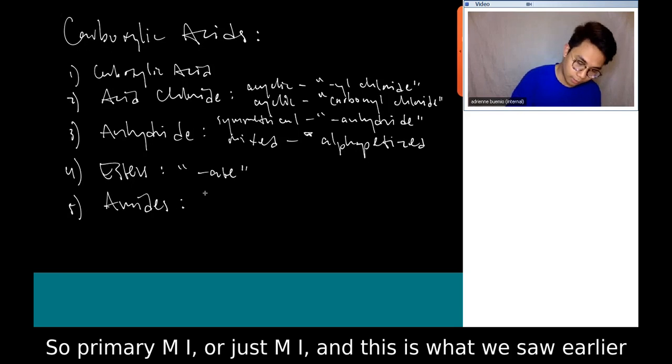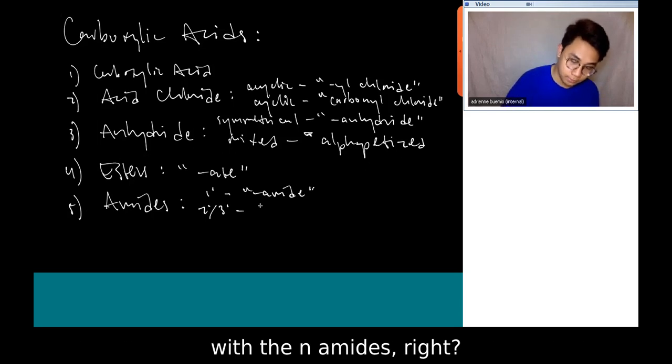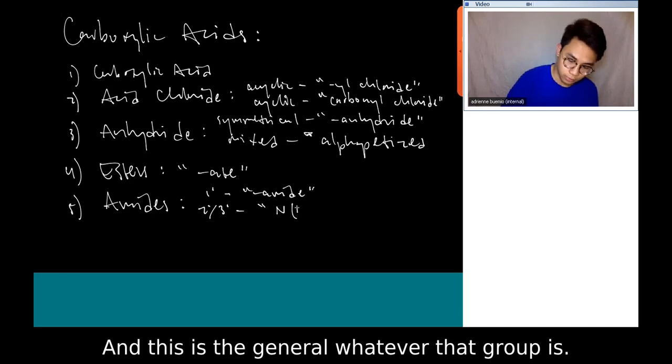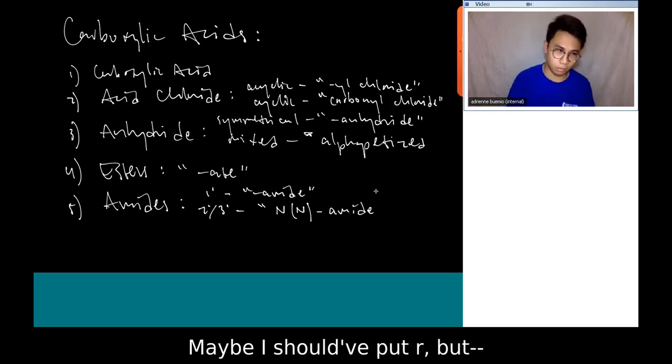So primary amides, or just amide, and this is what we saw earlier with the N-amides, right? N, N, right? And this is just the general, whatever that group is. Maybe I should have put R, R.